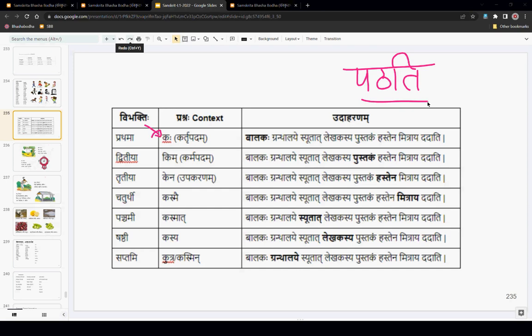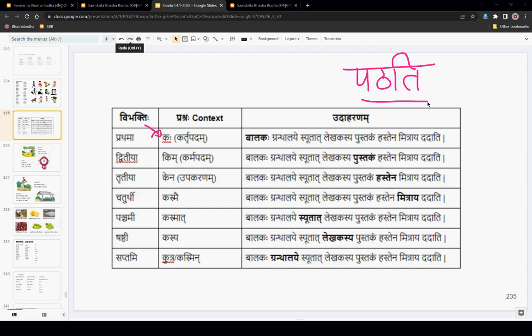So pathati in this example. When we say pathati, the question arises: kaha pathati? That is the first question. Now if it is pathami, then the answer is easy, because pathami indicates Uttama Purusha, so it is Aham pathami.